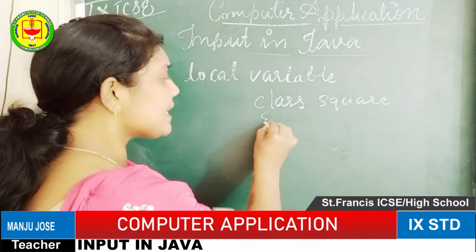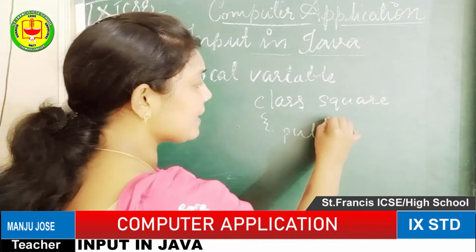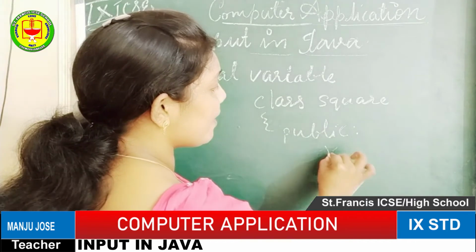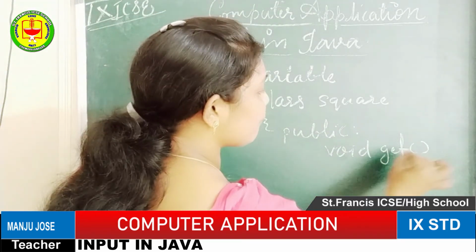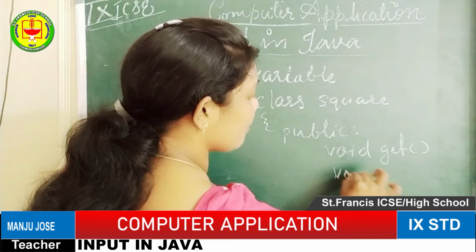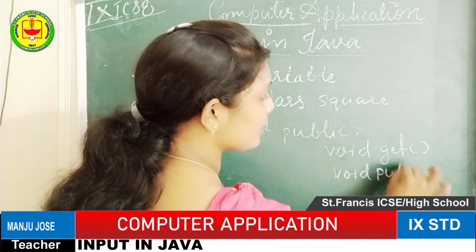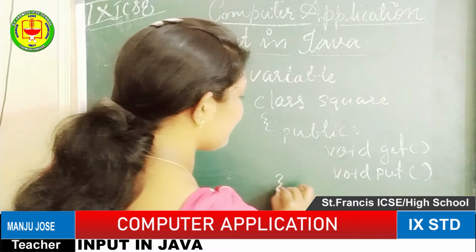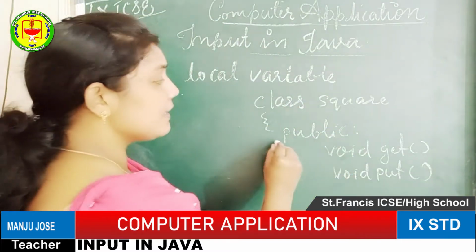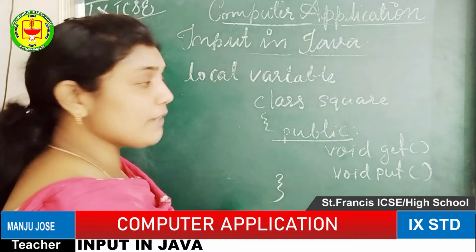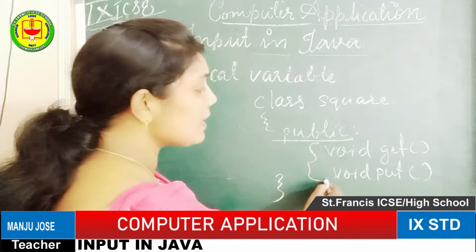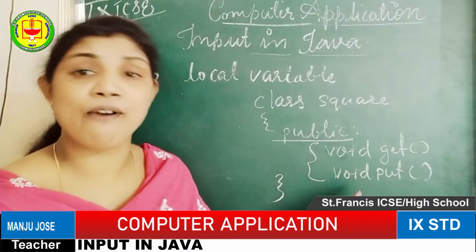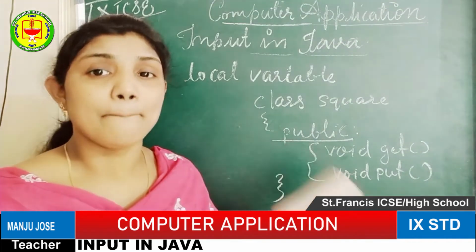Inside that we give public, one void get function, void put function. So this is one class. This is a keyword or access specifier. Below that we have used two functions, that is called member functions.